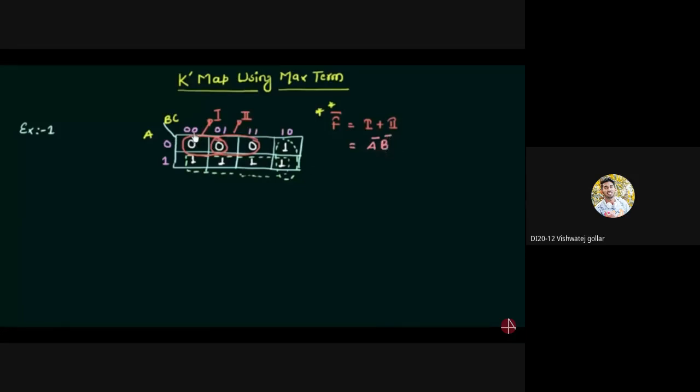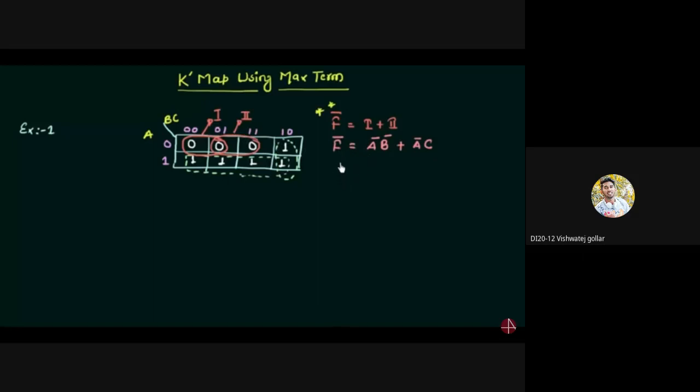And you can see that C is changing from 0 to 1, so we are not going to write C in this one. Okay, similarly in 2, A is A bar, and you can see that B is changing from 0 to 1, so B is not written here, and C is 1, so C. And on the left hand side you are having F complement.